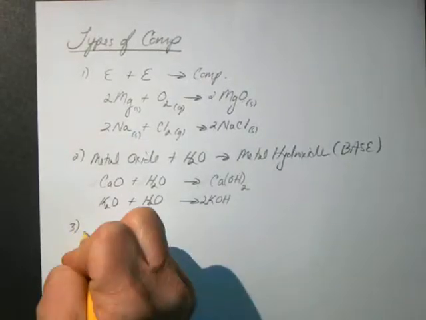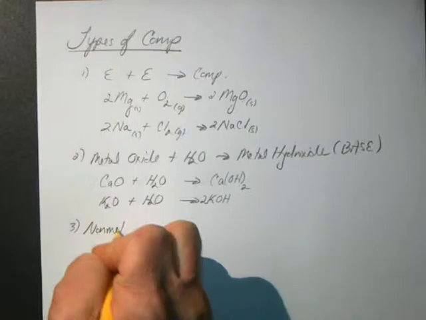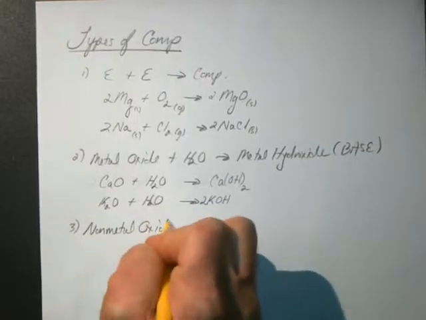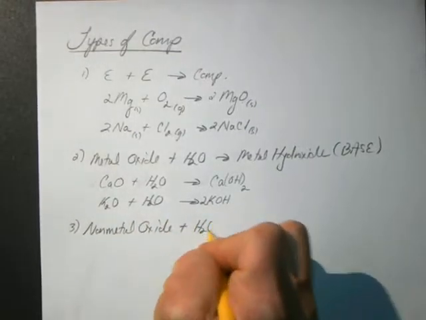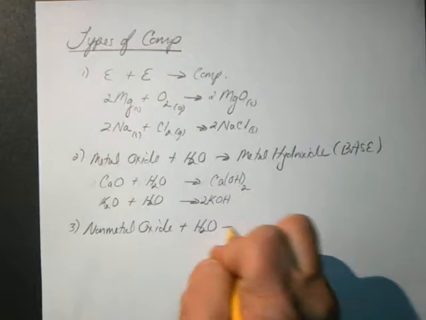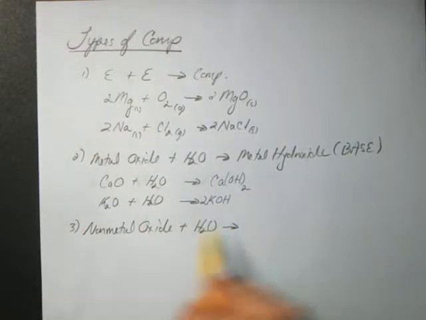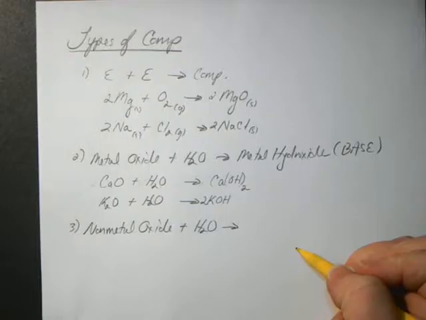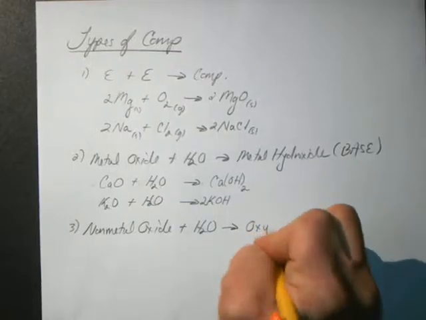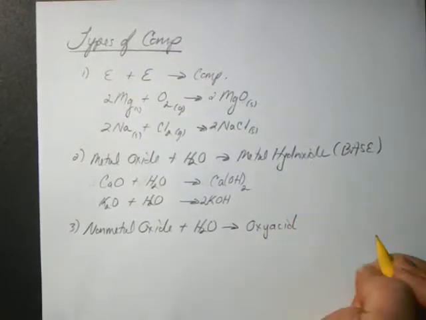Well, what if we react a non-metal oxide with water? Well, in that case, remember, non-metals are opposite of metals, and so what would be opposite of a base but an acid? To be specific, we are going to form an oxyacid.